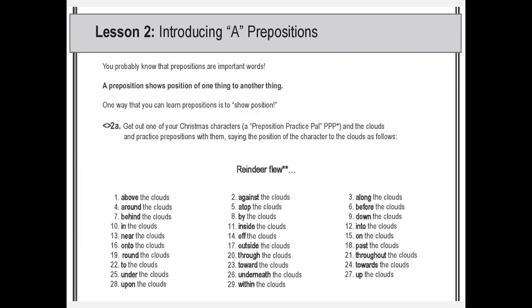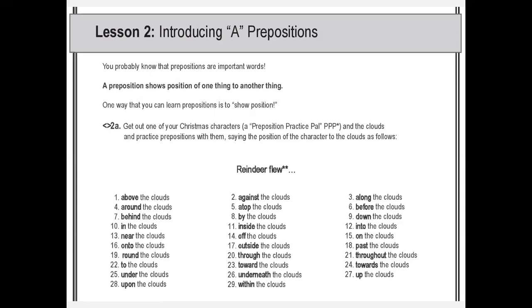This method is a natural step into prepositional phrases, because after they've learned 20 preps, I can say, this is a prepositional phrase. It has the preposition and what the preposition is above, what the preposition is around, right? It's above the clouds, it's around the clouds, it's behind the clouds.